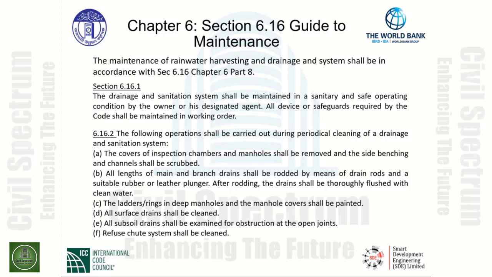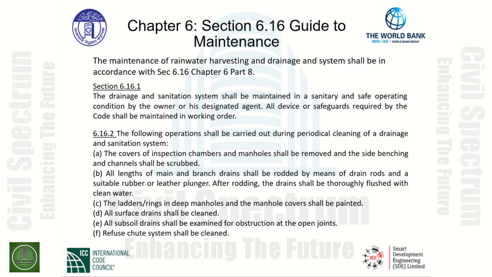A, the covers of inspection chambers and manholes shall be removed, and the side benching and channels shall be scrubbed. B, all lengths of main and branch drains shall be rodded by means of drain rods and a suitable rubber or leather plunger. After rodding, the drain shall be thoroughly flushed with clean water.